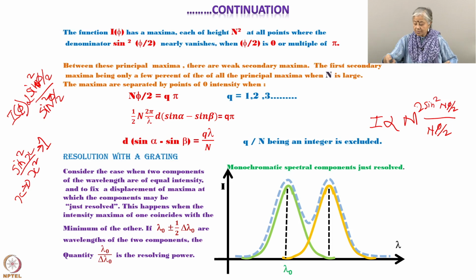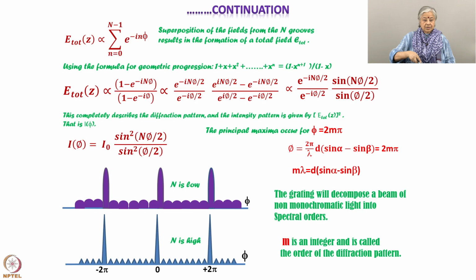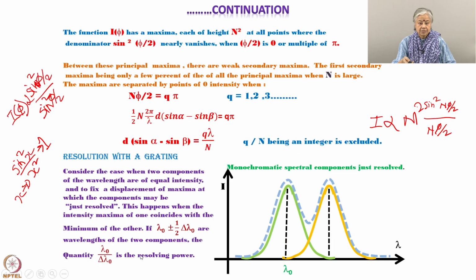If I go back to that again, these are the principal maxima, and in between you have small maxima. How are they separated out? Meaning, what is the value of phi at which these small maxima occur? That's what I am trying to say. That happens when n phi by 2 is equal to q pi. You can see it from that equation. So these points of maxima are separated by points of 0 intensity.